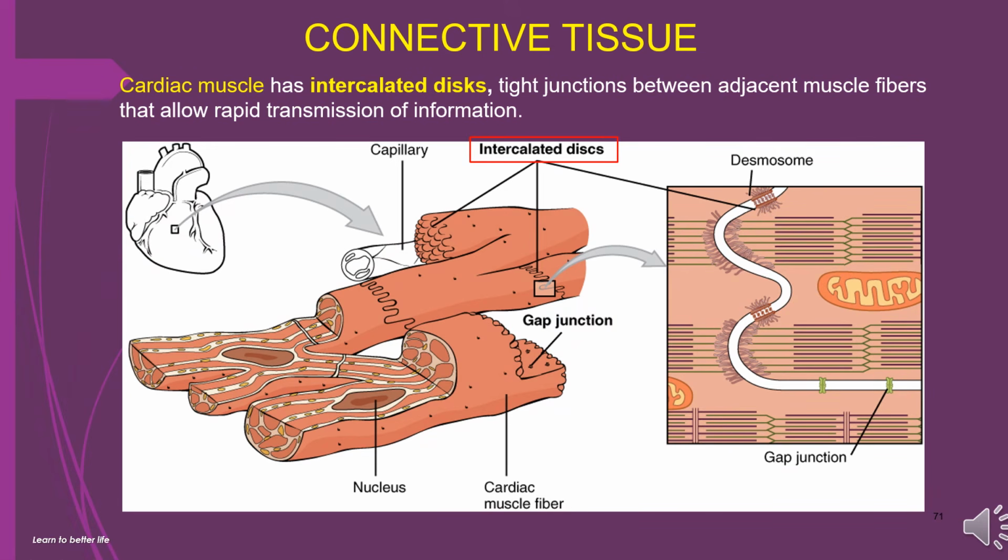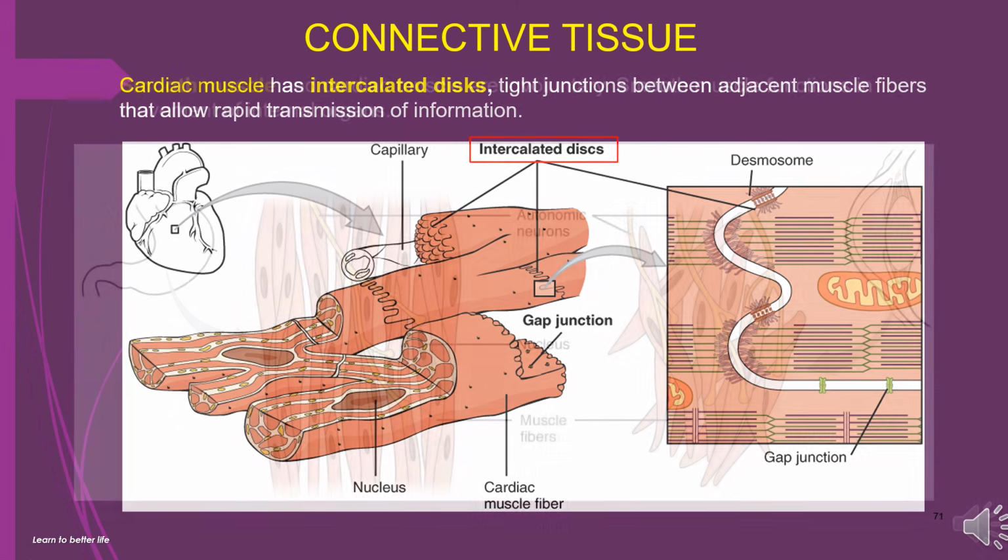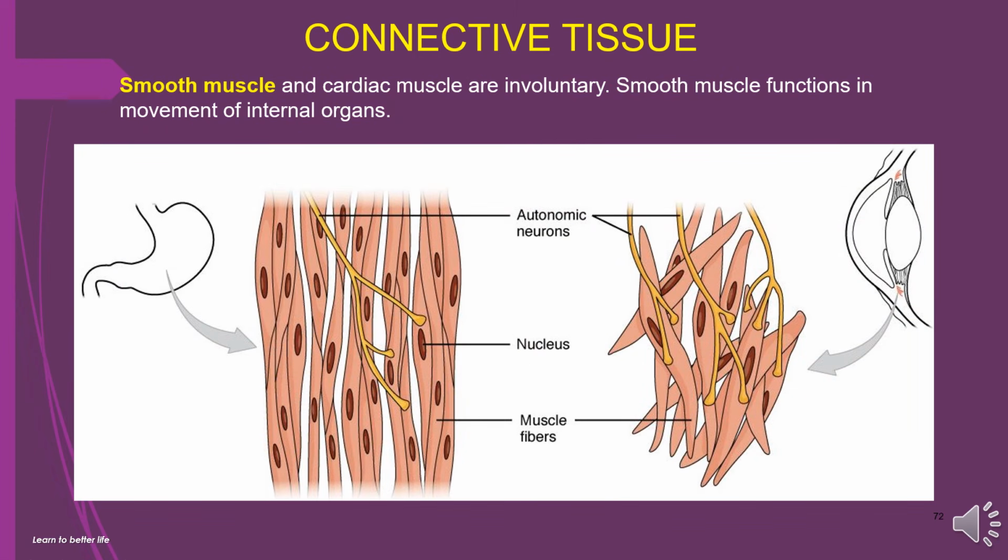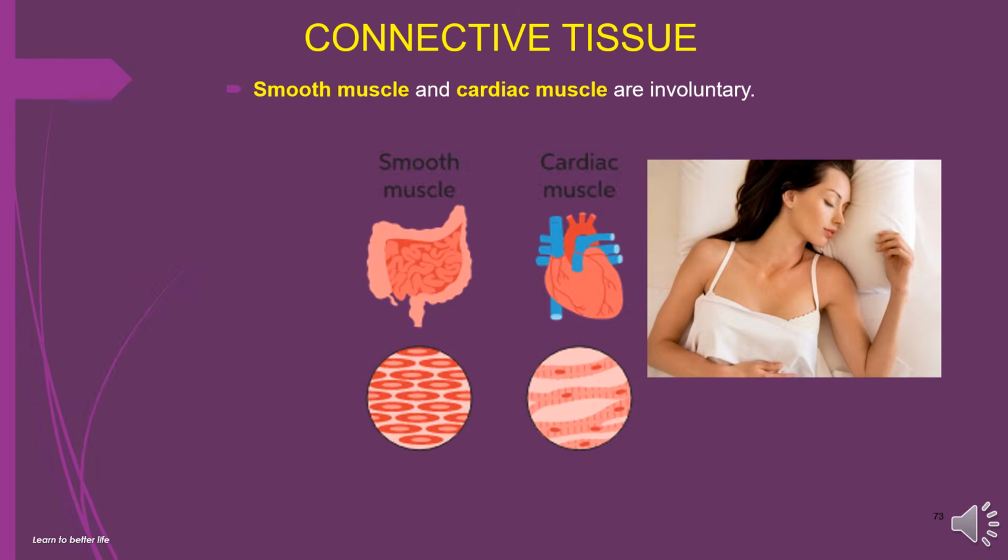Cardiac muscle has intercalated discs, tight junctions between adjacent muscle fibers that allow rapid transmission of information. Smooth muscle and cardiac muscle are involuntary. Smooth muscle functions in the movement of internal organs. Once again, both smooth muscle and cardiac muscle are involuntary. For example, at night when you sleep, your heart still beats.